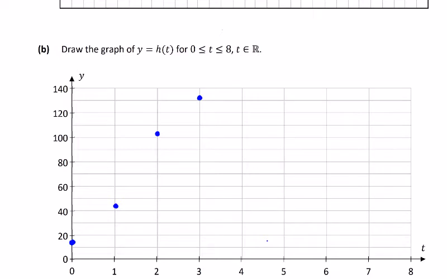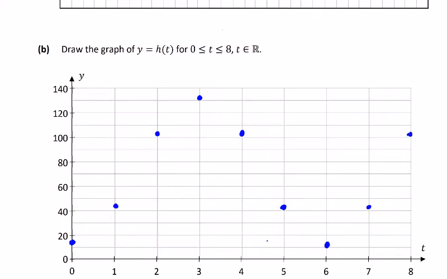Then we're mirroring them off. 4 is going to be back to 102. 5 is going to be 42. 6 will be back to the beginning at 12. And then 7 will be back up to 42 again. Just be careful putting your points in. And then 8 back up to 102.